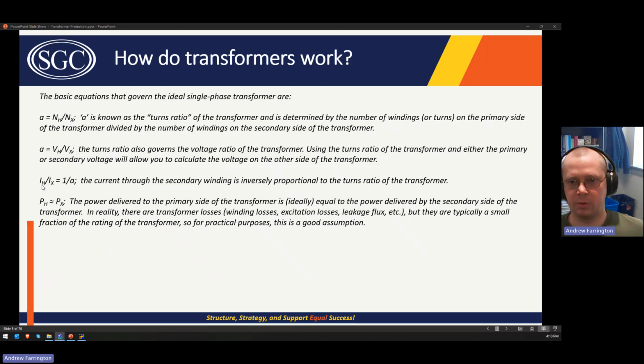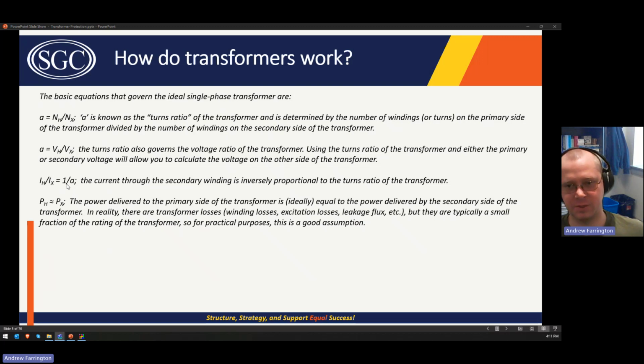The current in the high side is inversely related to the turns ratio. So if you have a lot of current through the high voltage winding, you'll get a related amount of current out of the low voltage winding, related to the inverse of the turns ratio.